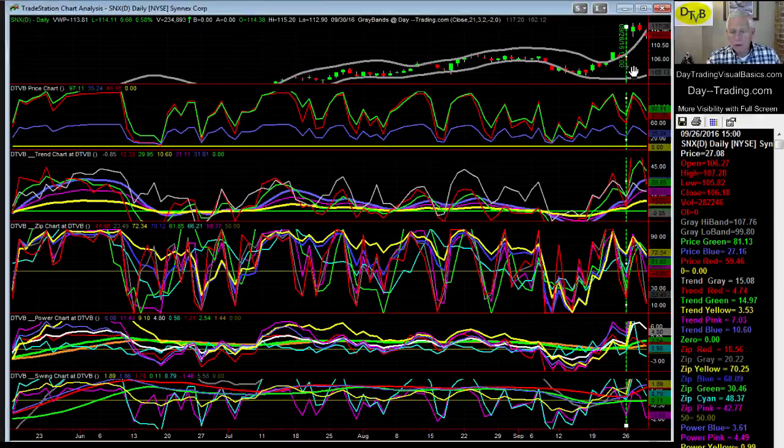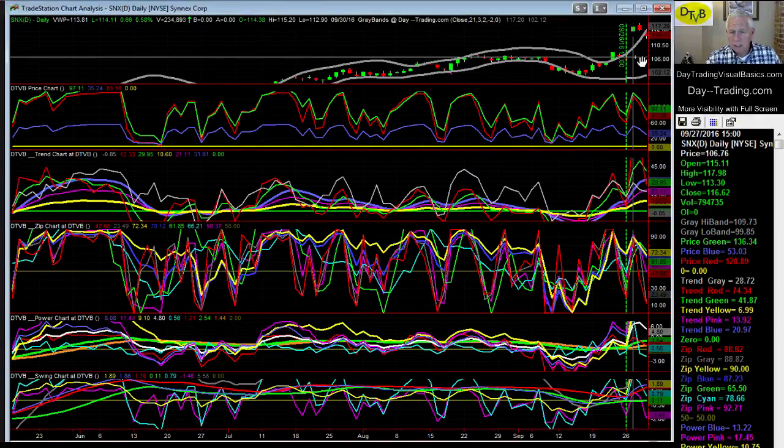It goes from a little over $106 and it opens the next day at $115.11. So it gapped up $9. It closed at $116.62 the next day, so it was up over $10 at the end of the day. So it was a nice gap up.